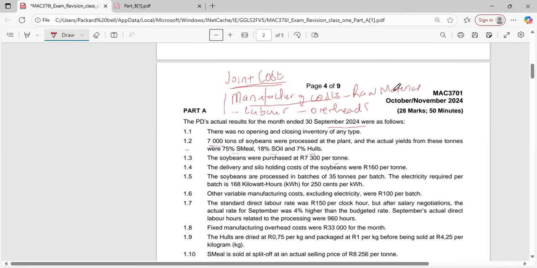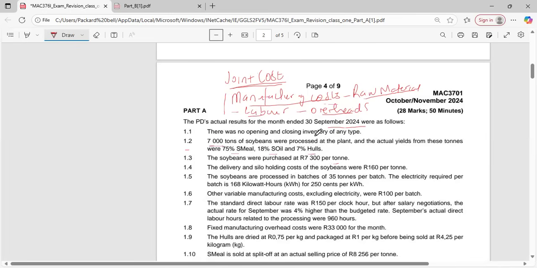Your joint cost in the process is made up of raw material, overheads, and labor. So when determining the joint cost to be allocated to the joint products, you must look at all manufacturing costs.